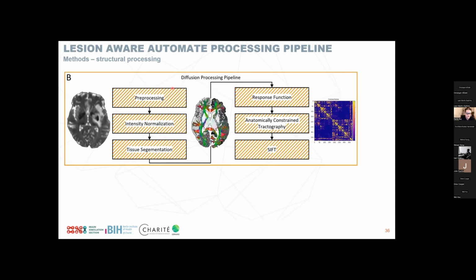For example, for the diffusion processing here, we had to implement a new version for the full pipeline, because the data quality did not even provide the required data to use the processing that has been used by the HCP. It's not just that the resolution wasn't there, it's that the actual extent of the data was not sufficient. So generally, what you now do in high quality diffusion data acquisition is you acquire the diffusion data when scanning in one direction, and then you introduce some distortions because of the way the magnetic field moves through the brain.